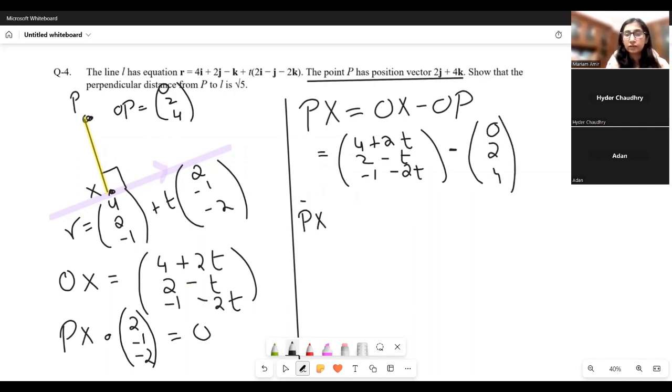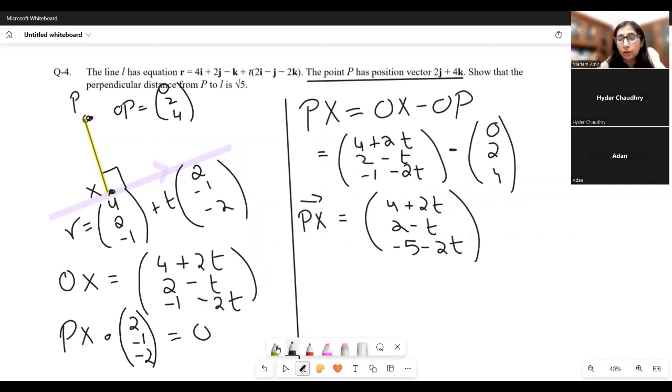So PX is going to be 4 plus 2t, 2 minus t. Please do the working along with me so that if there's a mistake, it can be found. So this would be -5 minus 2t. And this is going to be 0. 0 minus 4. 0 minus 2. 2 minus 2 is 0.